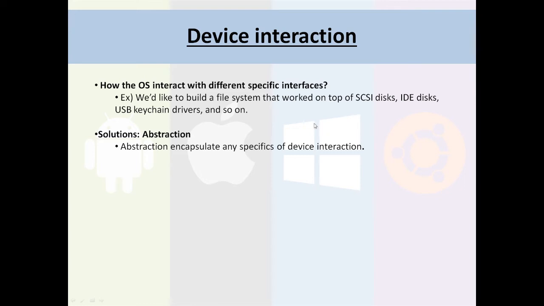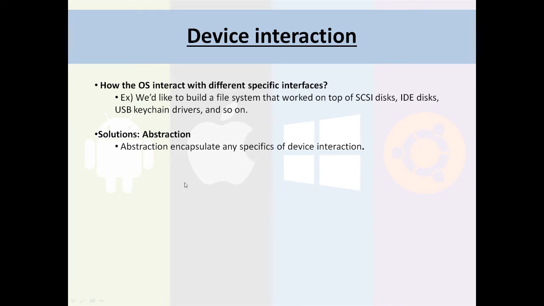Let's think specifically of disks. We would like to build a file system that worked on top of all of these, no matter what type of hard drive or disk, like USB or CD, you had. The solution to how we can accomplish this is abstraction.